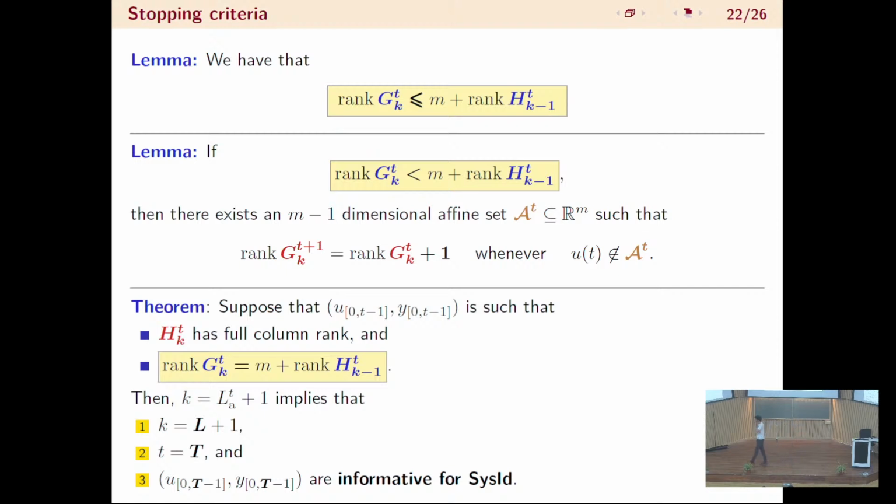Now, so this is the important point. The theorem gives you a way of stopping this procedure. Stopping the procedure of increasing the depth of the Hankel matrix, increasing the rank, again increasing the depth, and so on. Because if k is equal to L_A plus 1, then I know I need to stop.